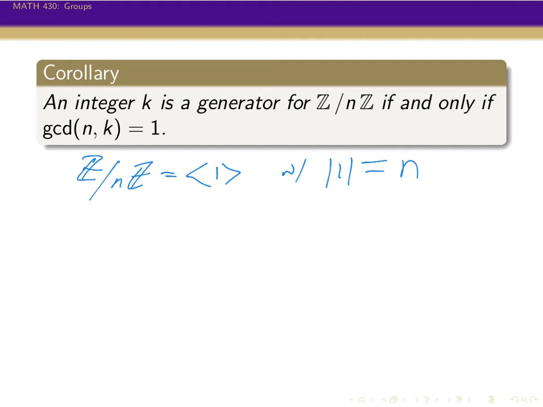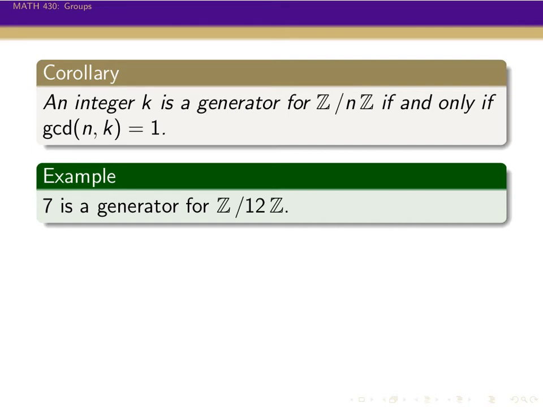And so this corollary applies to the case that our group is Z mod nZ, generated by 1. So k is a generator for Z mod nZ with addition if and only if the GCD of n and k is equal to 1. Okay, and so let's do a quick example of this.